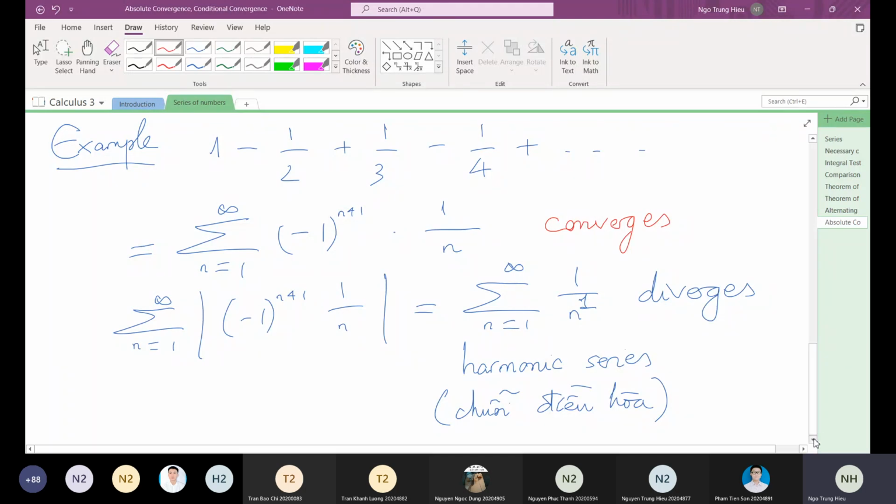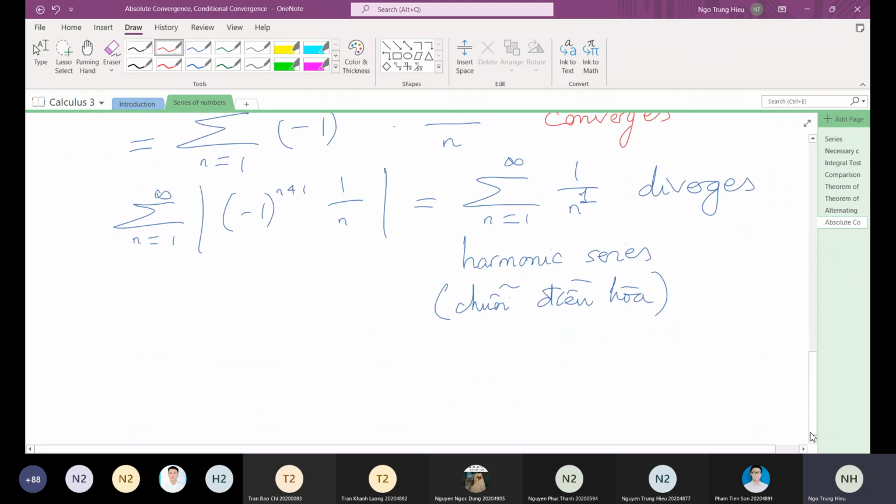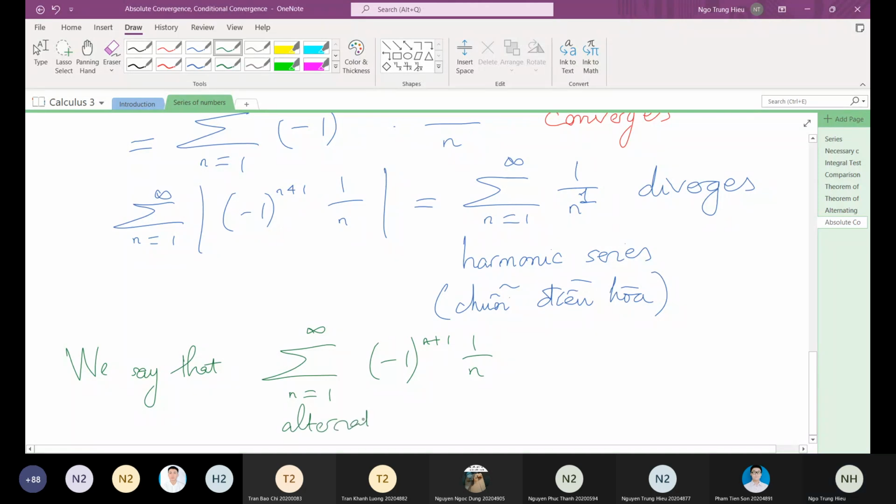In this case, we call it conditional convergence. So we say that the alternating harmonic series is conditionally convergent.